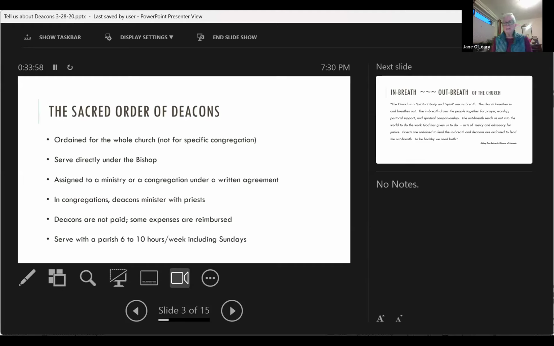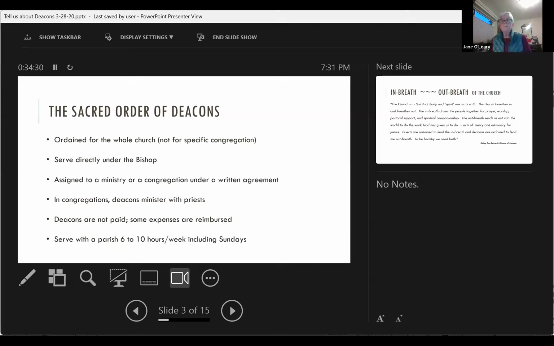Deacons are not paid. So aspiring to a lifelong commitment as a deacon is different from a priest, in the sense that the priesthood is generally a reimbursable commodity that you can make a living at.